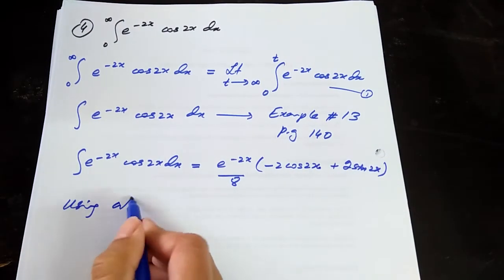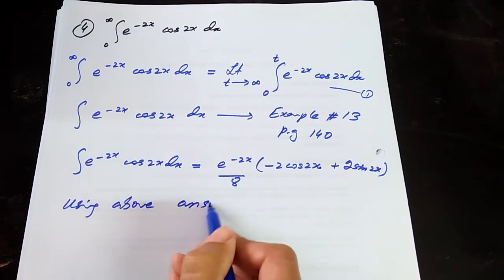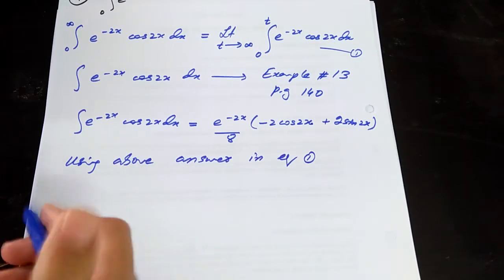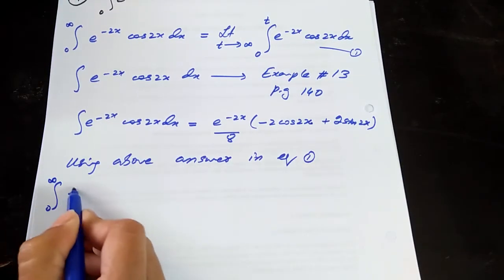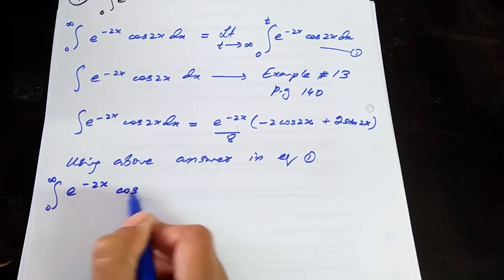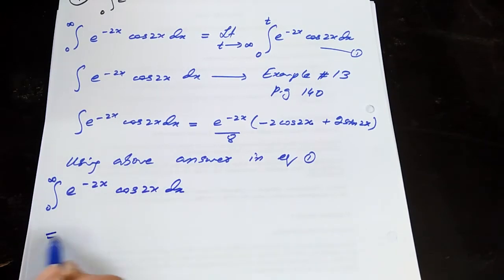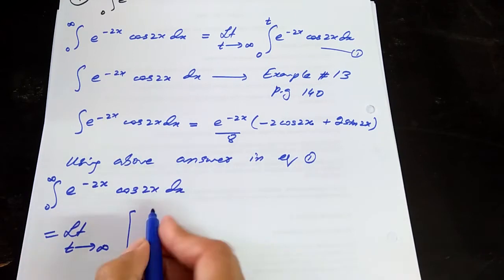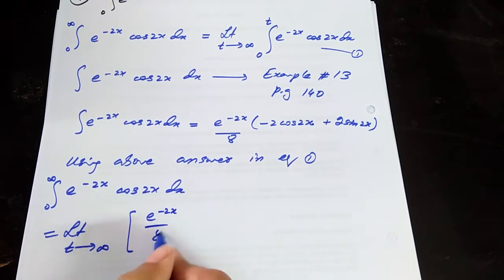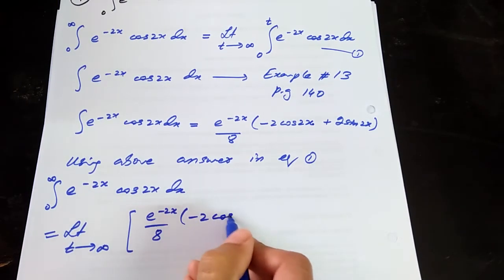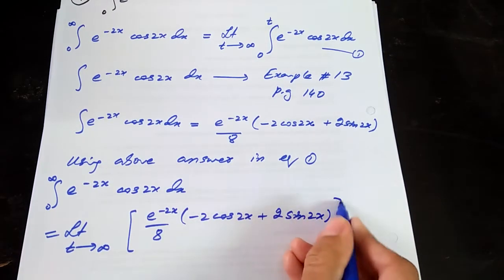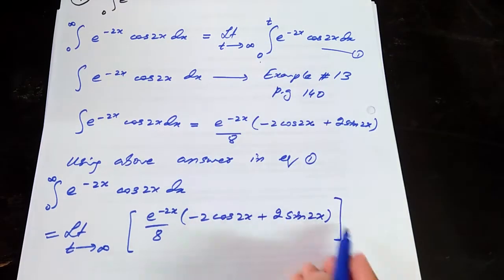Using the above answer in equation number 1, we will get the integral from 0 to infinity of e raised to power minus 2x cos 2x dx equal to the limit as t approaches infinity of e raised to power minus 2x over 8 times minus 2 cos 2x plus 2 sine of 2x, with limits of integration from 0 to t.